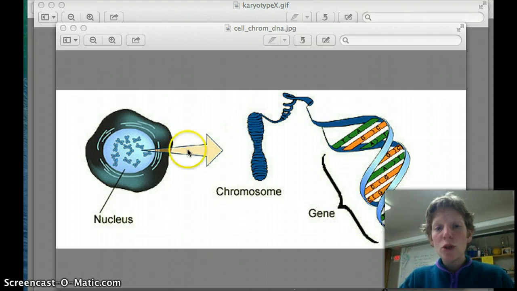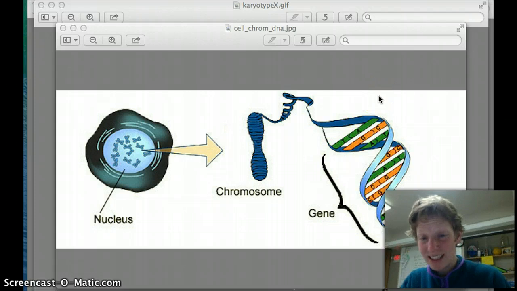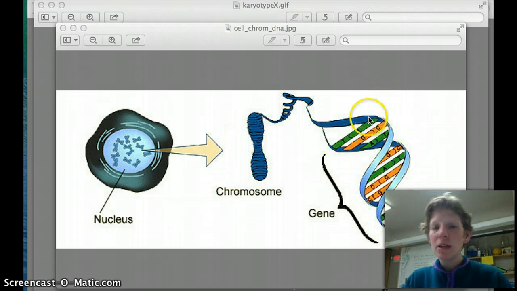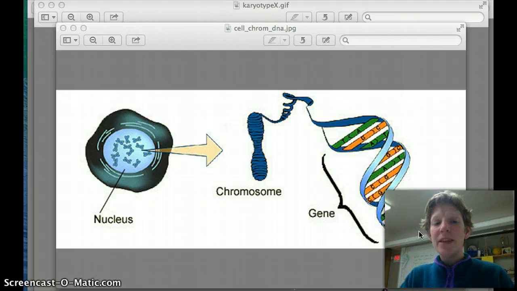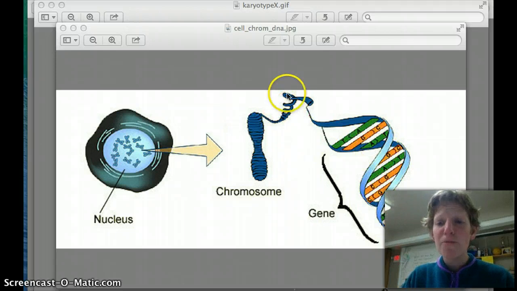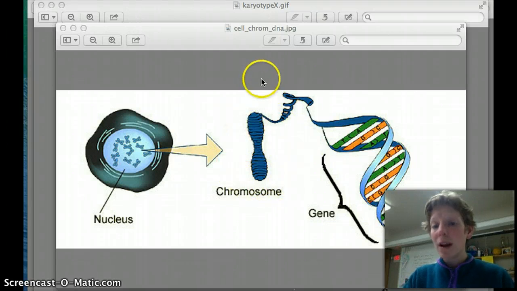And you know really well that a gene is a part of a DNA strand. So DNA is this really long molecule that's twisted up into this double helix shape. But a chromosome is when that DNA coils itself up very tightly, basically to save space and to be organized within the nucleus of a cell.